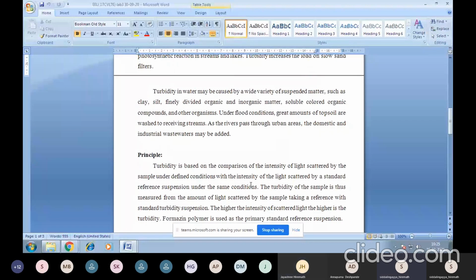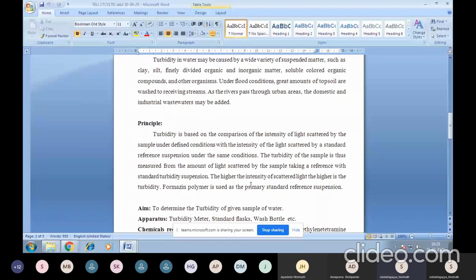Just mute your speakers. Now, what is the principle behind the determination of turbidity? Turbidity is based on the comparison of the intensity of light scattered by the sample under defined conditions with the intensity of light scattered by a standard reference suspension under the same conditions.